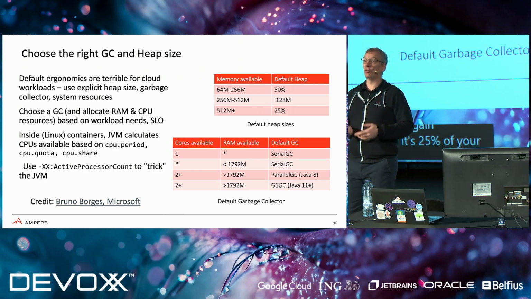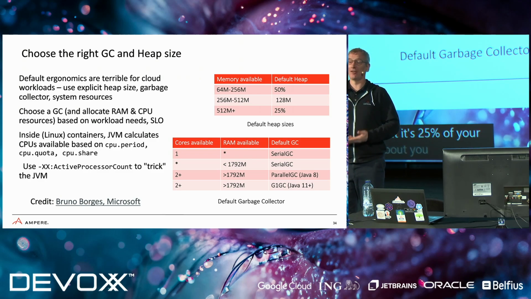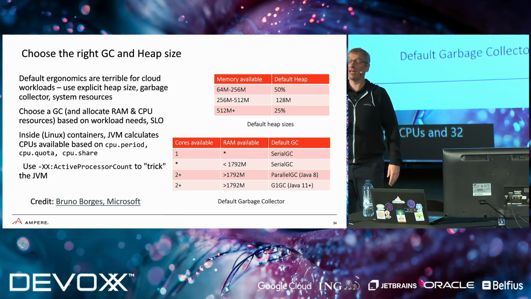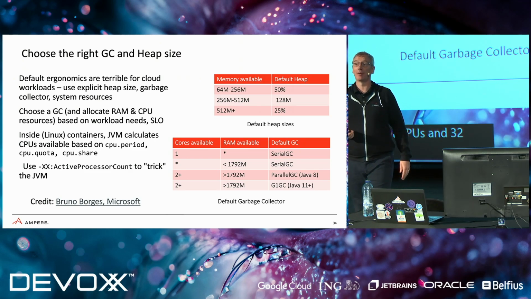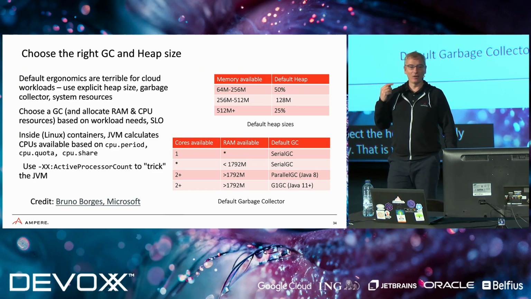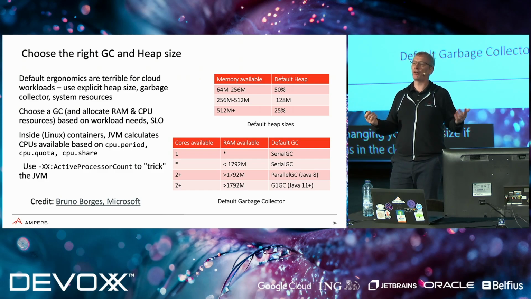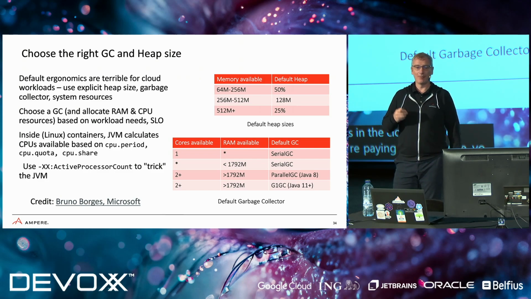Now, I don't know about you, but if I'm paying for a cloud instance that has 8 CPUs and 32 gigs of memory, I do not expect the heap to be only using 8 gigs of that memory. That is terribly inefficient. So you need to be changing your heap size if you're running your applications in the cloud to take advantage of the fact that you're paying for hardware, you should use it.